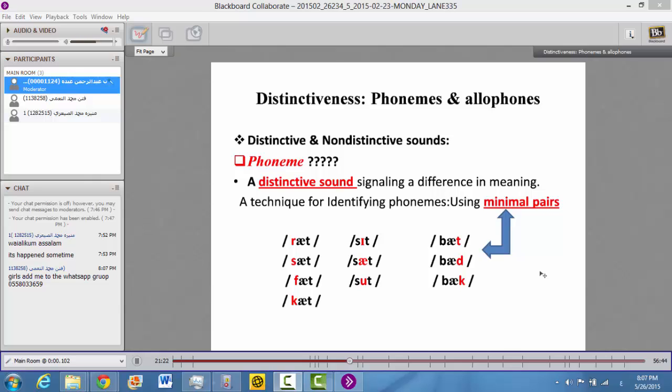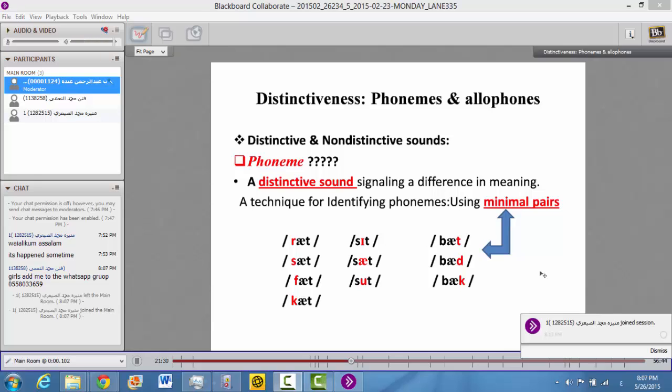In the first group, by simply replacing the r with the s, you produce a new word with a difference in meaning. If you put f instead of s, and replace it also with k, every time you produce a new word by merely replacing one sound with another.